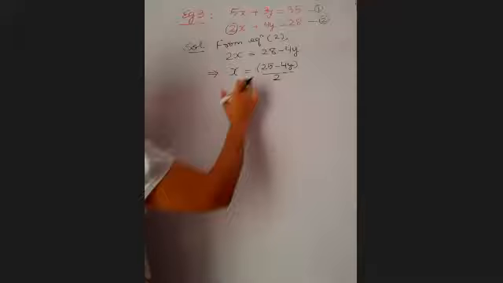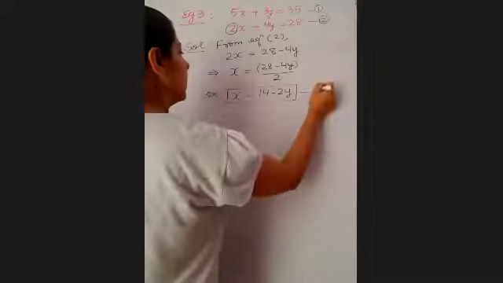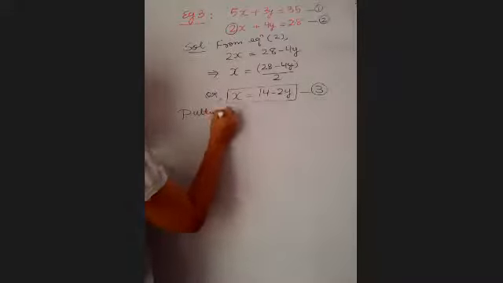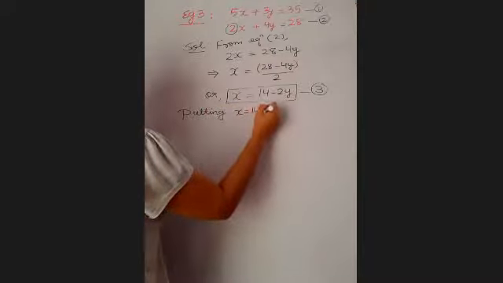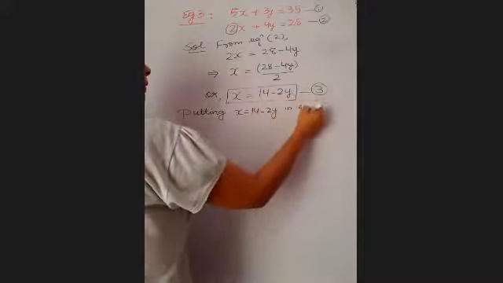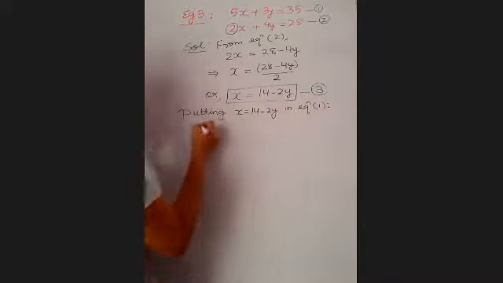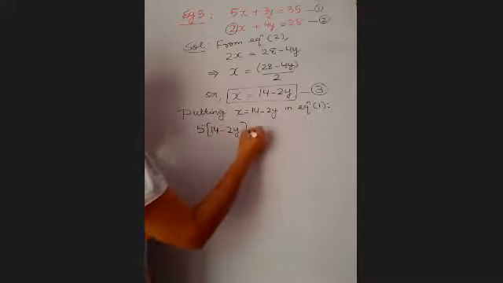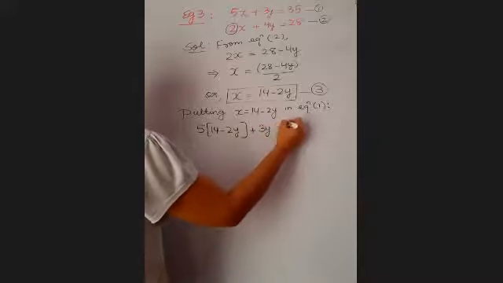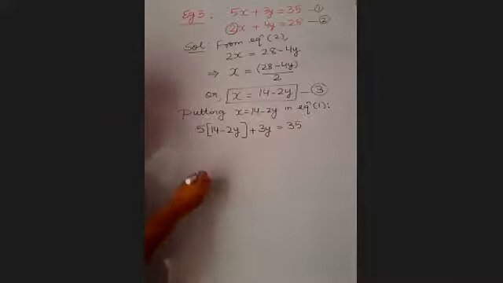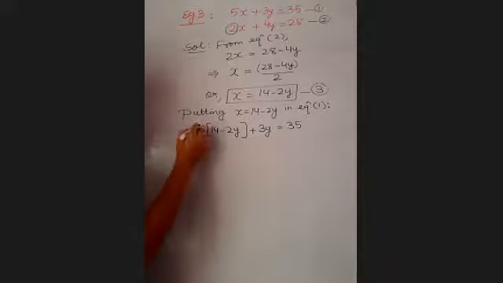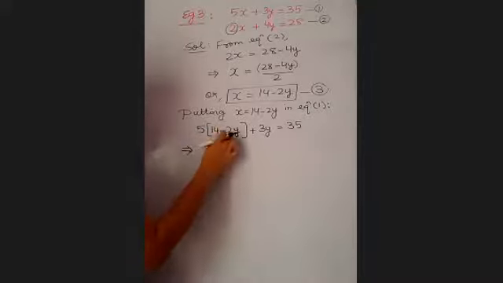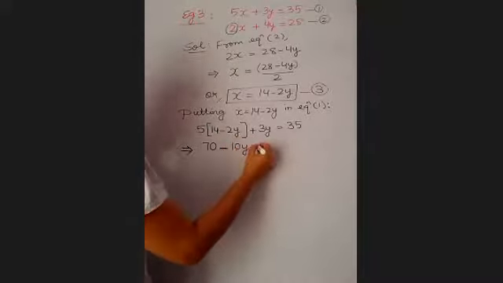Now let us put this value in equation 1. Putting x is equal to 14 minus 2y in equation 1, what do we get? 5 times 14 minus 2y plus 3y is equal to 35, which gives me 5 multiplied by 14, 70, and 5 multiplied by 2, 10y.